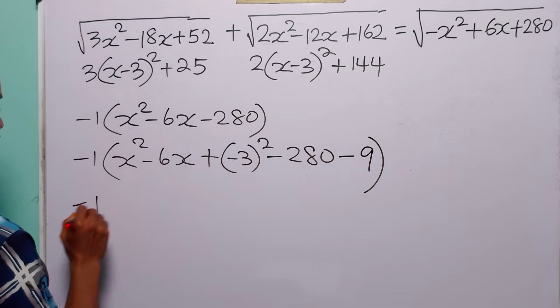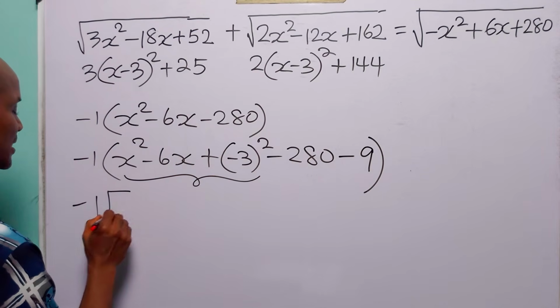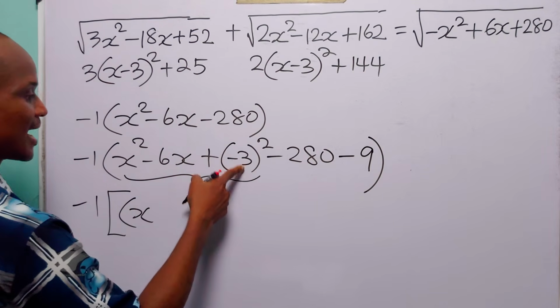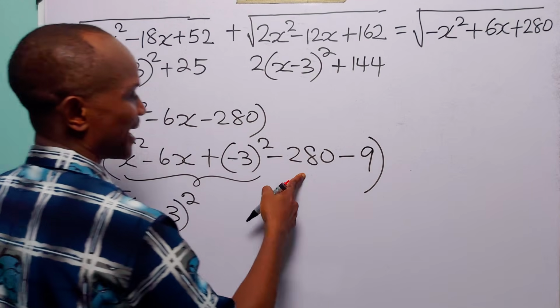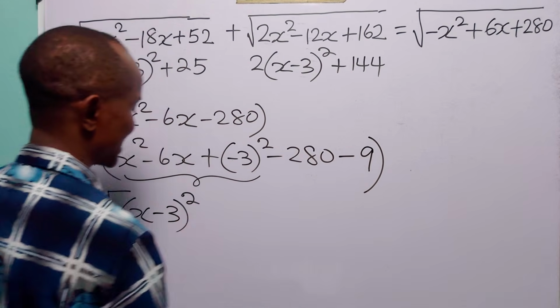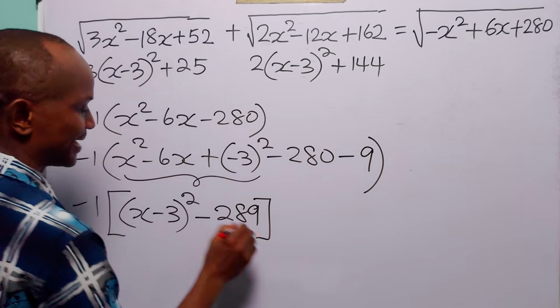Now we have minus 1 into, this is a perfect square, so we take 1x and 1 minus 3 and we square. Minus 280 minus 9 is minus 289.